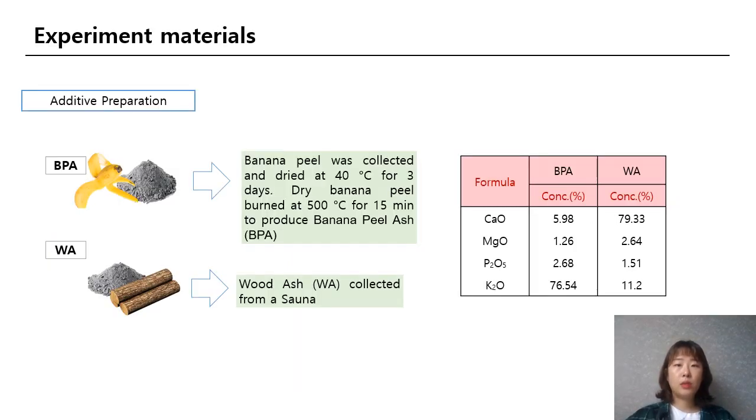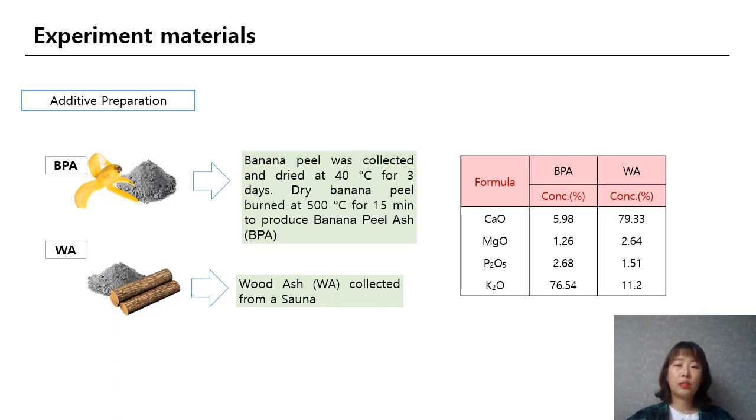Banana peel was obtained by drying Cavendish banana peel. I dried the banana peel at 40 degrees Celsius for 3 days and burned it at 500 degrees Celsius for 15 minutes to produce the banana peel ash. Banana peel ash is referred to as BPA for convenience during the presentation.